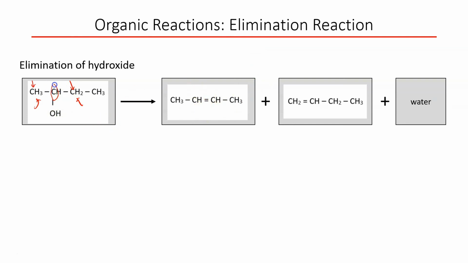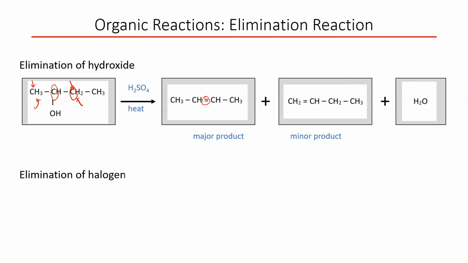Because if this carbon loses a hydrogen and this one loses a hydrogen, they both need another bond. So I get the double bond between them. And likewise, the other ones. In the process, my hydrogen from one of the carbons combines with hydroxide to give me my water. We have our major product, our minor product. And because this involves water or hydroxide, we need both heat and a strong acid for it to occur.